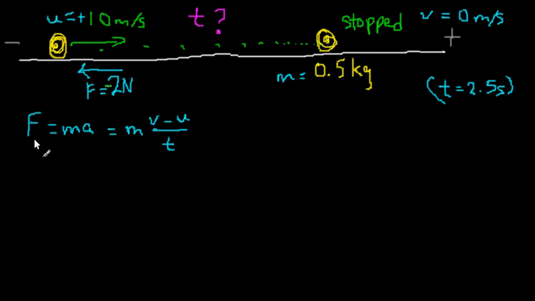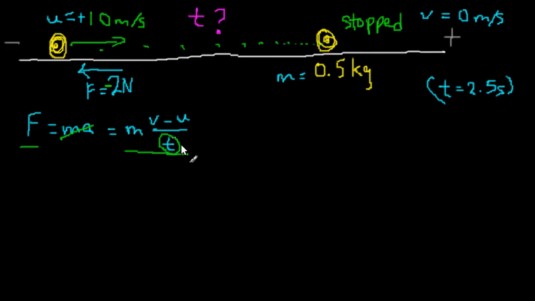So my equation would be this: F equals this. I'm going to use this directly. I'm just going to skip the ma part because I want to relate to the velocity. And it is the time that I want, so I want to make t the subject.